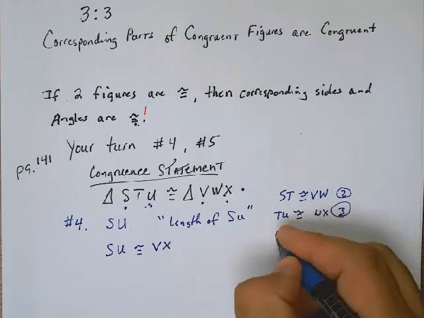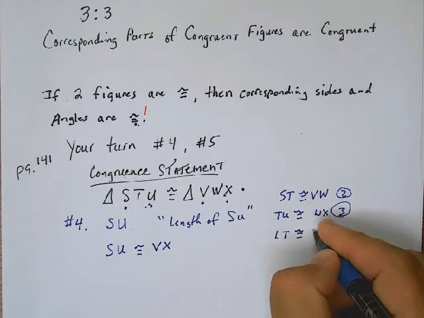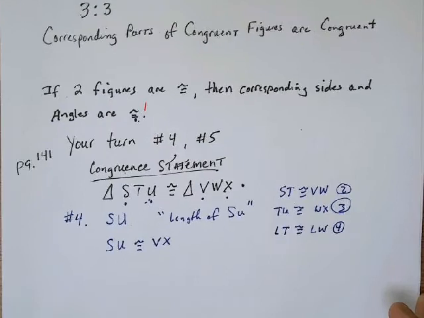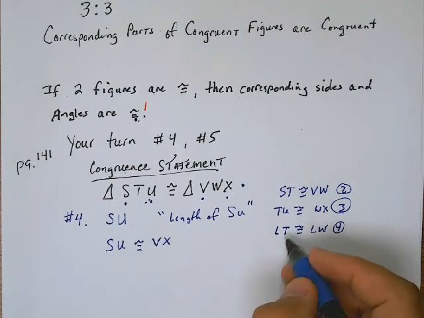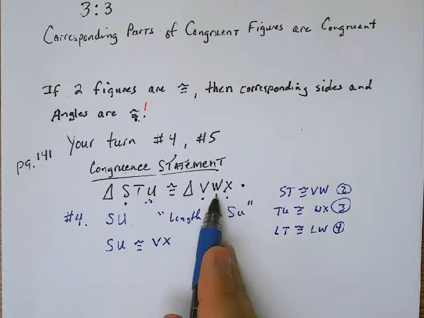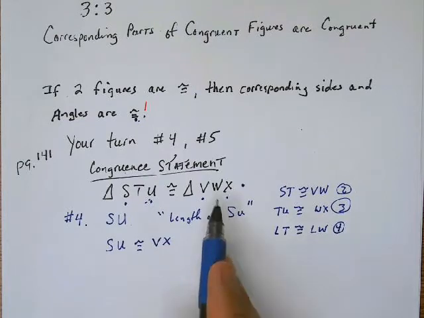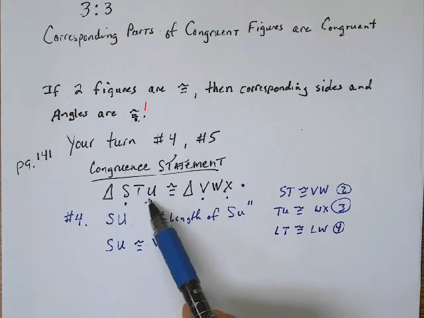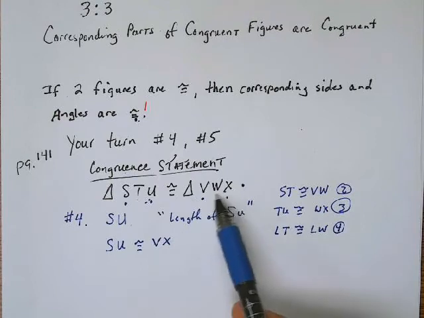Very good. There's one. Riley, you want to give me another one? She said T and W. There's 3 angles here, and there's 3 angles here.